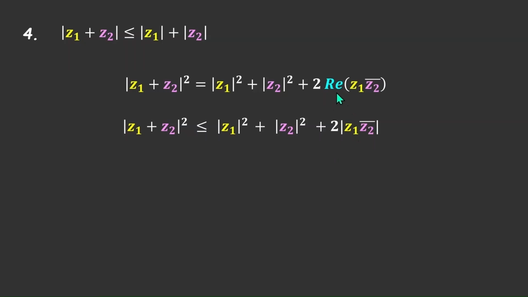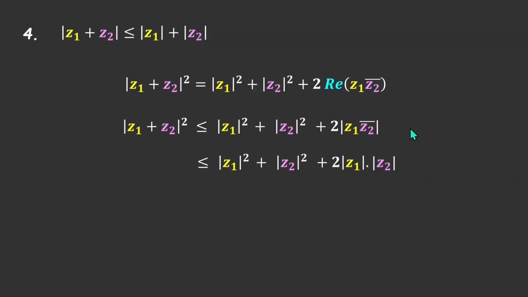Because as we showed here, this real part would be less than the mod of the complex number. And now mod would split, it is distributive on multiplication, another theorem that we saw. So I can write this as less than or equal to mod of z1 square plus mod of z2 square plus 2 times mod of z1 into mod of z2, because the mod of the conjugate is the same as the mod of the complex number. Again, another theorem that we saw.